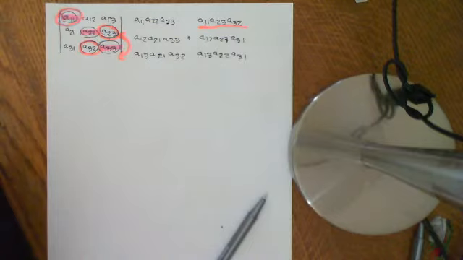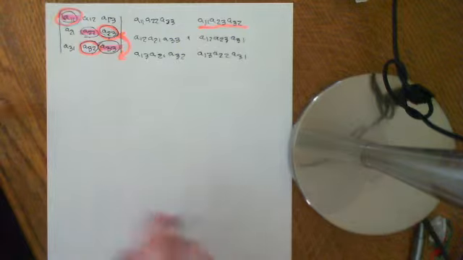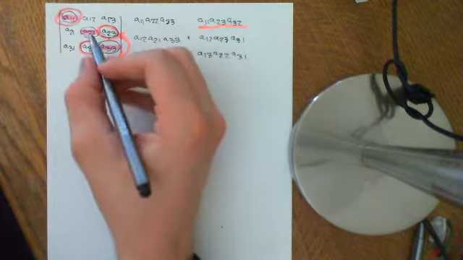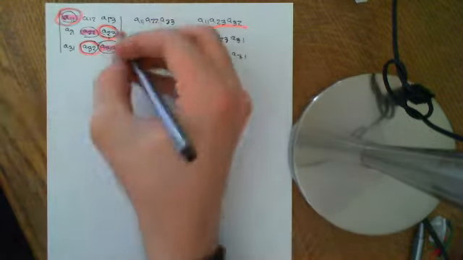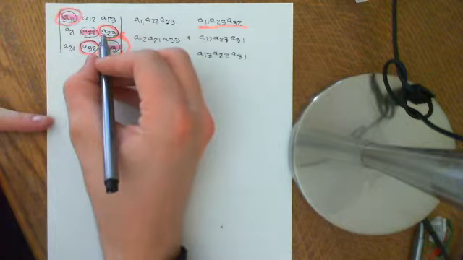Basically, the number of permutations, the number of row switches you have to do to make the order correct, is going to determine the sign here.